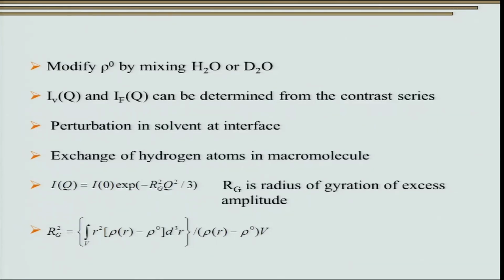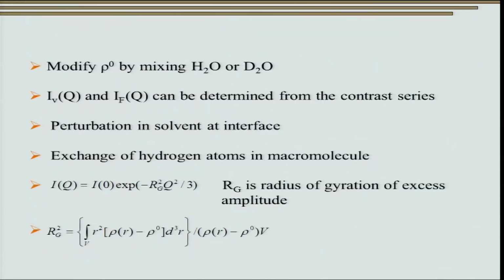And as we move ahead, we again come across this intensity as a function of q, which is nothing but I_0 plus the radius of gyration term, Rg squared q squared by 3. Now, this is again similar to what we had got using small angle X-ray scattering.